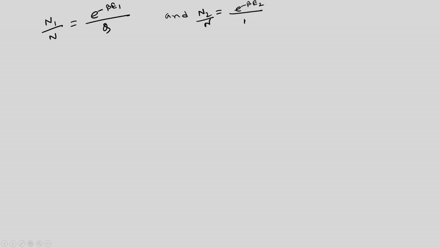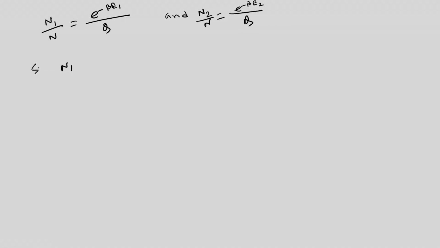N1 by N is e to the minus beta E1 by Q, where Q is the partition function, and N2 by N is e to the minus beta E2 by Q. Okay.